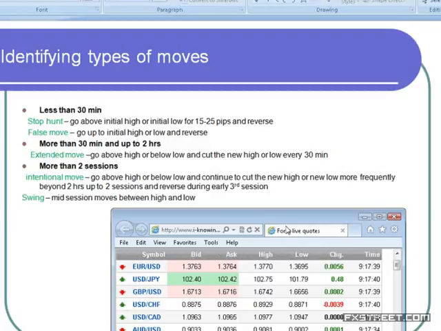In between, during the session change, they make the false move. And during the session start time or during the gap time, they make the stop point. And the swings during the mid sessions. So if you understand the timing and the type of moves they do, we can easily identify what sort of moves they are trying to do and then take an appropriate decision on what position we can take.